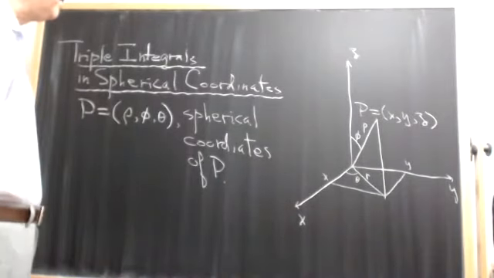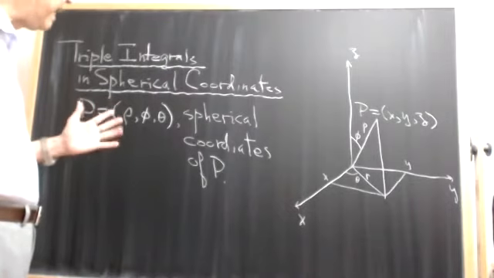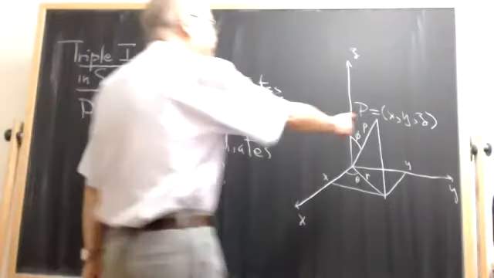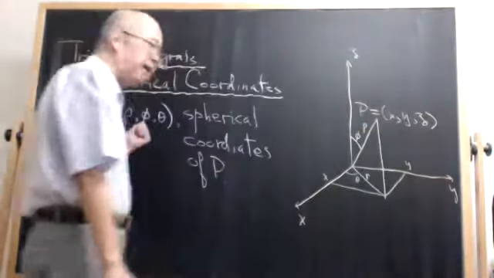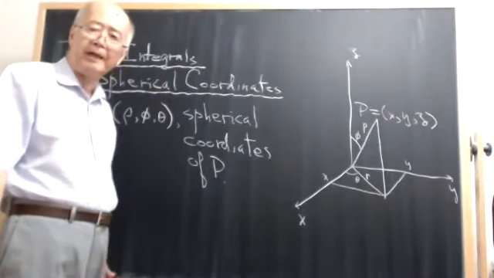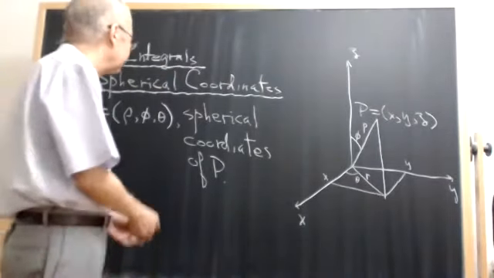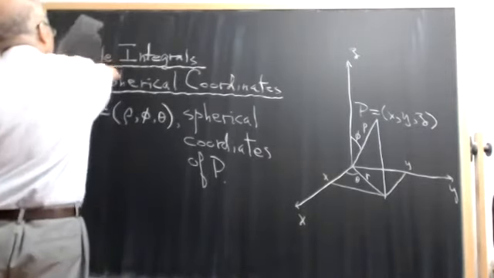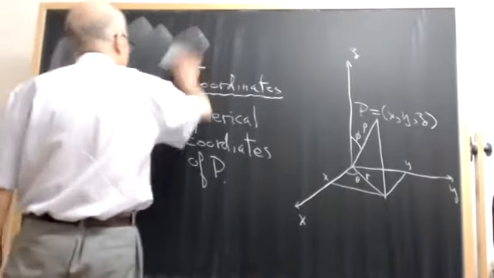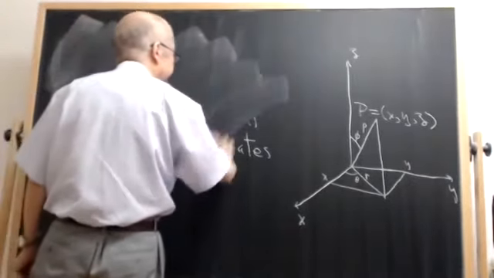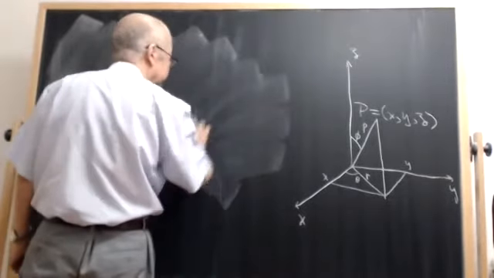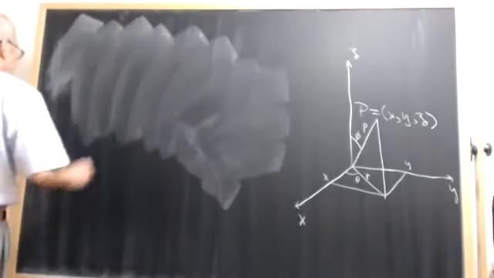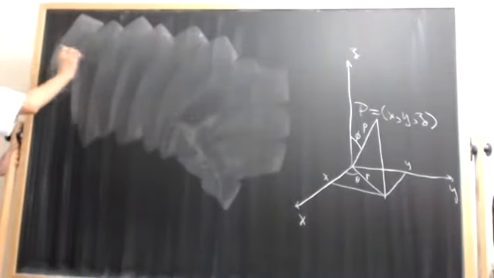Now let's try to see the relationship between x, y, z and rho, phi, and theta. So we have the following formula.